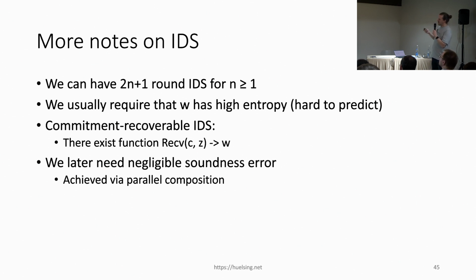And we will later need a negligible soundness error, read extremely small, not 0.99, but more like 2 to the minus 128. And as I mentioned, this is something you can get via parallel composition. So I'm just running this protocol several times in parallel. I have to do all these randomization steps independently for each of the iterations.